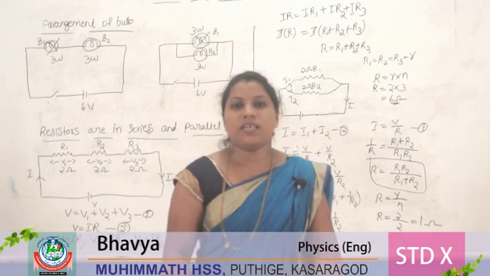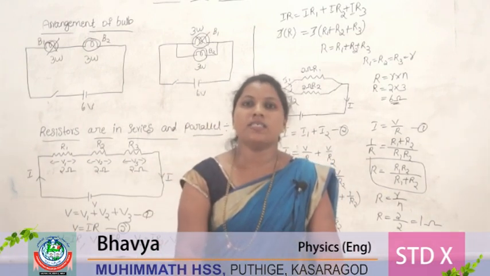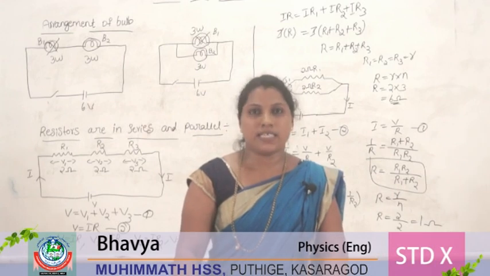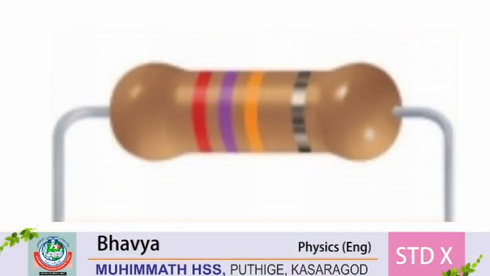Next, see there one picture, that is the picture of a resistor. In that picture you can't identify the value of the resistor directly, so we use color bands. There are different colors. First is red, next violet, then orange, then silver.